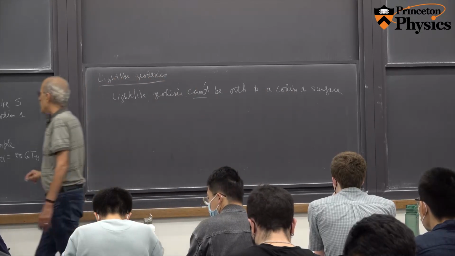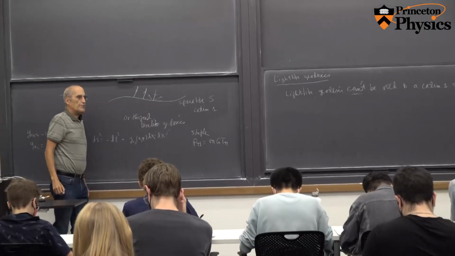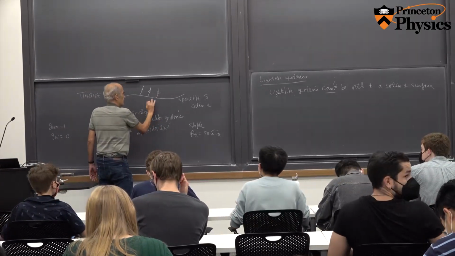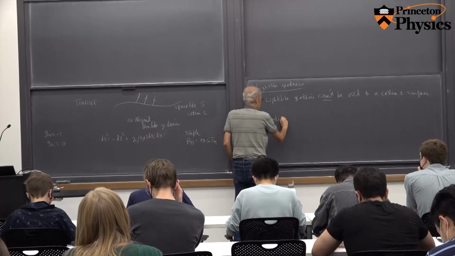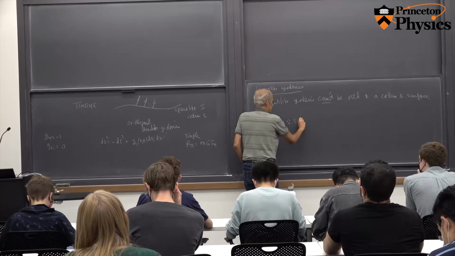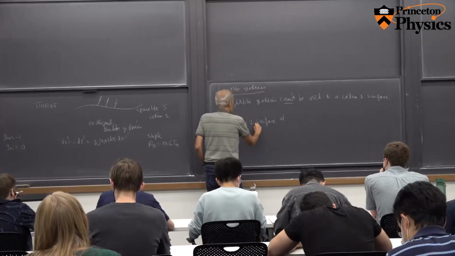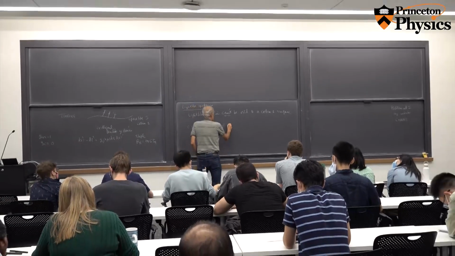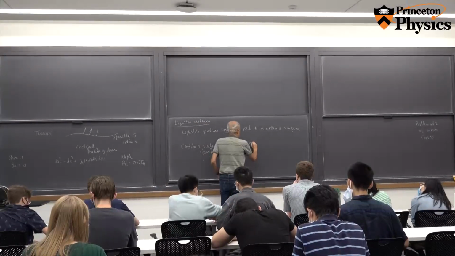No matter which way a light-like geodesic goes, here or there or whatever, it can't be orthogonal to a space-like surface of codimension 1. So instead we considered a codimension 2 surface. A codimension 2 space-like surface, which we can think of as being embedded inside a codimension 1 surface.